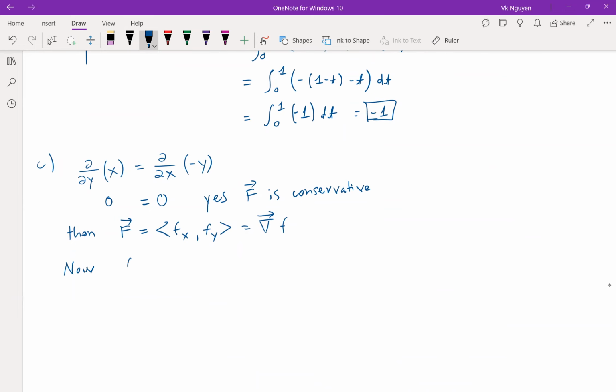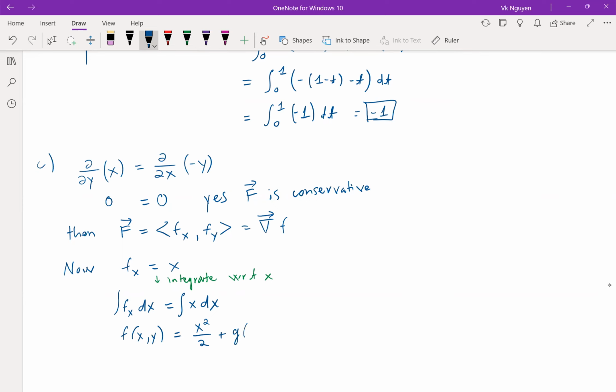Now, we have f_x equal to x. Integrate both sides with respect to x. f(x, y) equals x squared over 2 plus the constant c here, right? It's not a constant, because when we integrate with respect to x, we treat y as the constant.